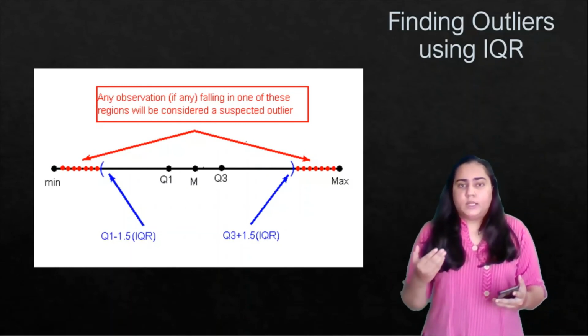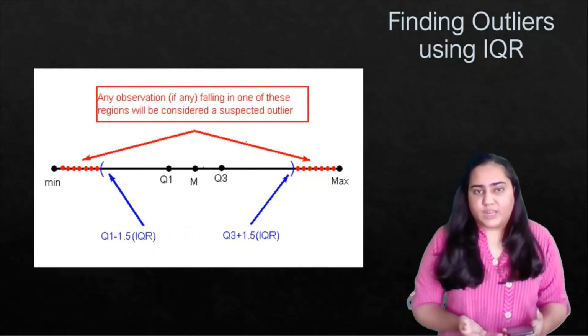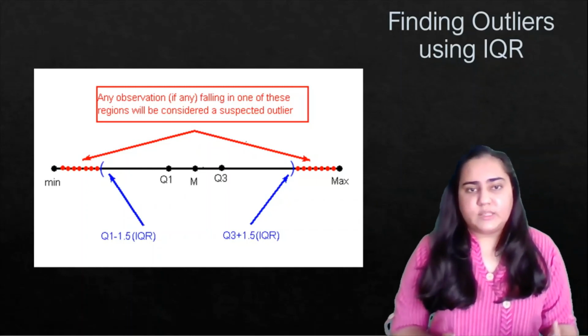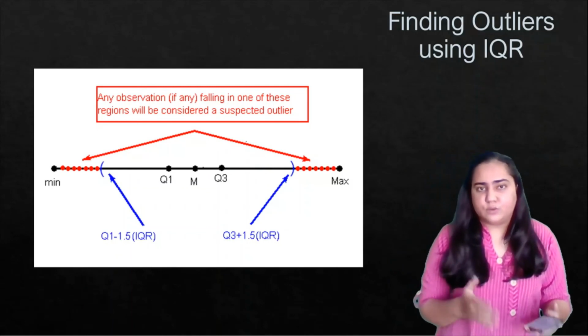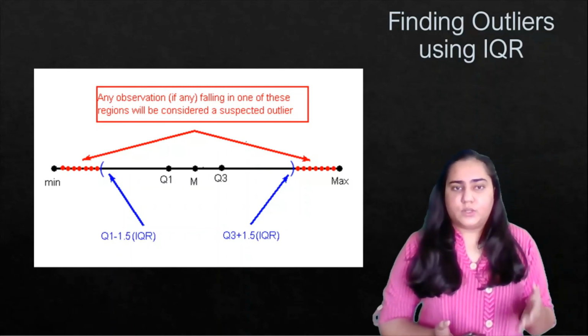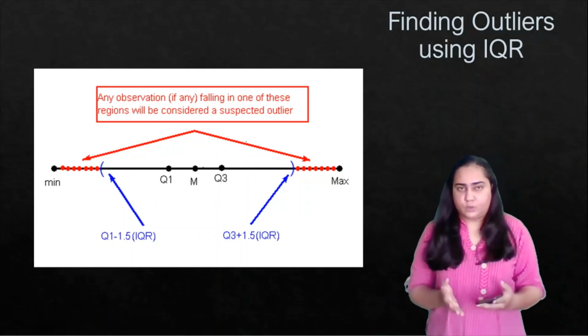Then we are trying to find the interquartile range, which we know is Q3 minus Q1. Once we've found that, we find Q1 minus 1.5 times the interquartile range, IQR.